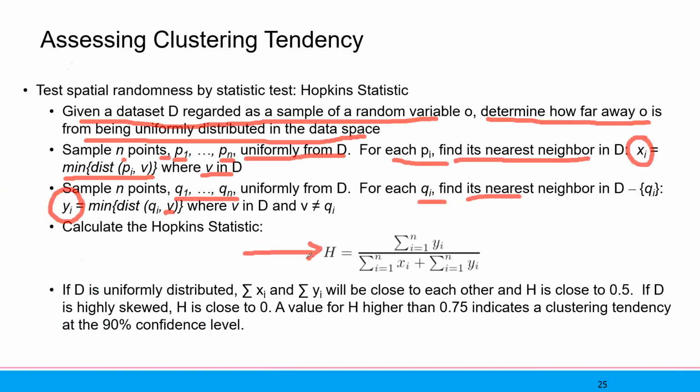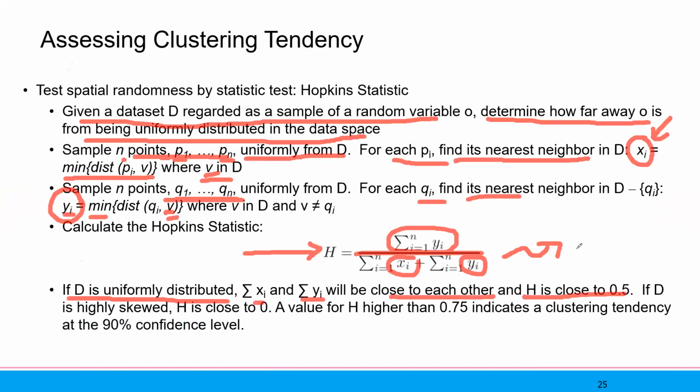So the Hopkins statistics here, we want the summation of the Y divided by the summation of the X plus the Y. So X is related with the points P, and then the Y is related with another point which is Q with regard to the P. If D is uniformly distributed, then the summation of Xi and the Yi will be close to each other, and the H will be close to 0.5.